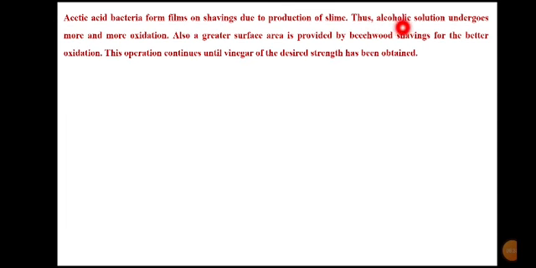Therefore, the ethanolic solution undergoes more and more oxidation. Also, a greater surface area is provided by the beechwood shavings for better oxidation. The operation continues until vinegar of desired strength is obtained.